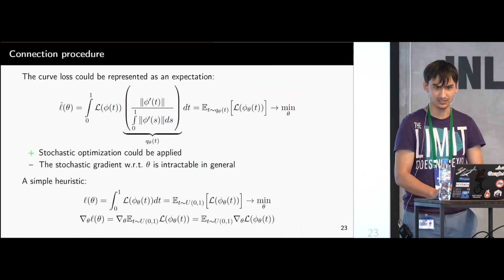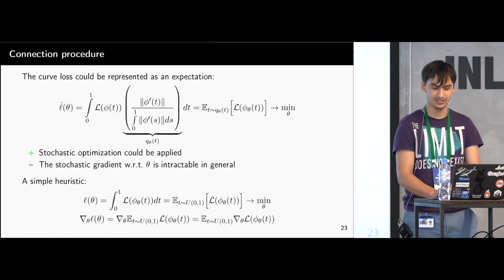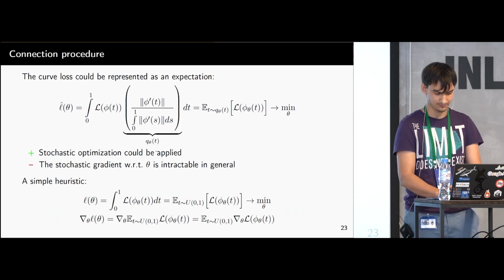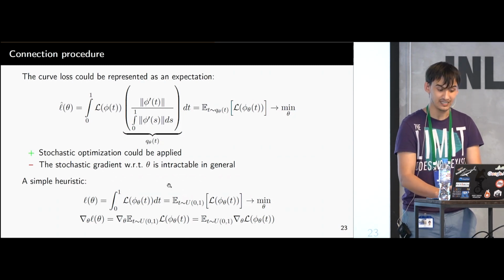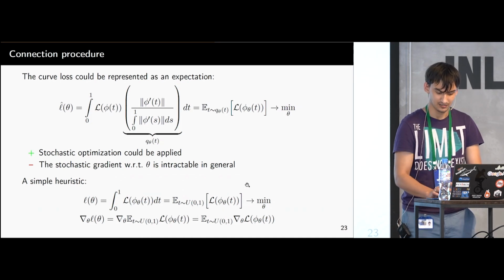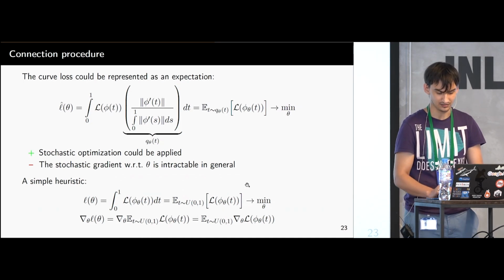But for simple curves like Bezier and polychain, a uniform distribution over t is enough, and it approximates the uniform distribution along the curve quite well. Instead, you sample t from a uniform distribution, you plug it into the curve, and you minimize the loss function. So yeah, this is very simple.